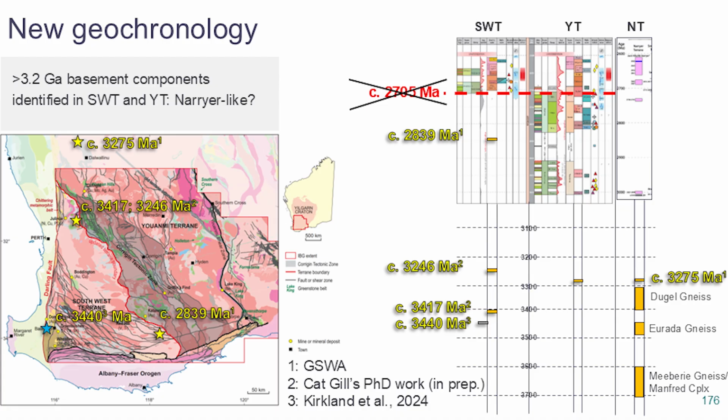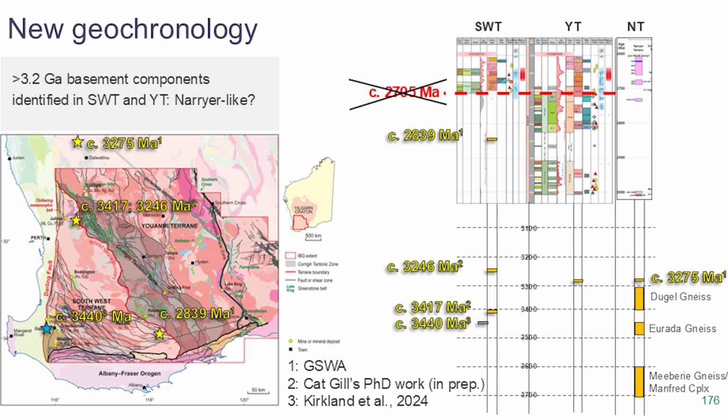We found in the southwest terrain a 2.839 Ga granite gneiss, and we found also in the UNME terrain some really old rocks as well, dated at 3.275. And in a collaborative work with CET through the PhD project with Kat Gill here, she's found some really old basement rocks in the 2J region of the southwest terrain, with granite crystallization ages, protolith ages to the gneisses, dating at least as far back as 3.4 Ga and 3.2 Ga.